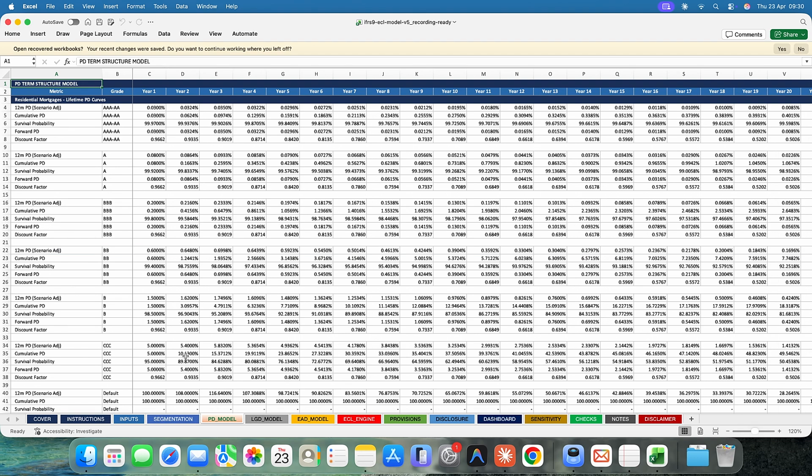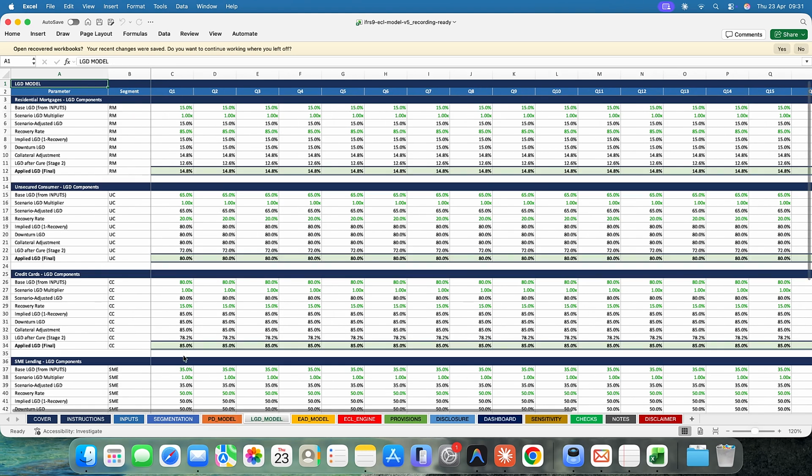A PD curve for every year of the loan's remaining life, which is what Stage 2 actually requires, not a flat number. Macro overlays applied on top. If GDP drops 200 basis points, PDs move accordingly. Parameterized, not a plug.